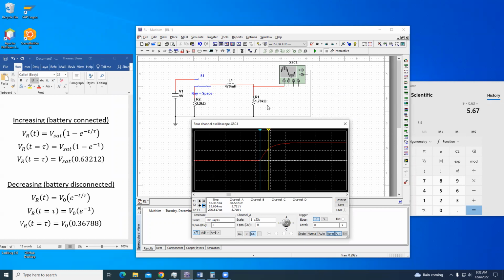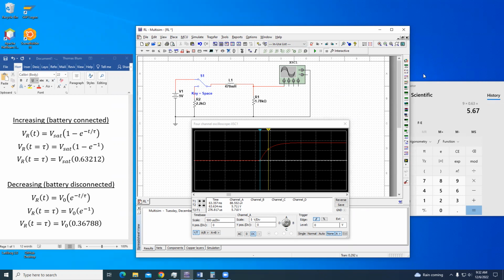Okay, and then what does theory expect? Now I have it off, so I'm not running, but I'm going to flip the switch up. And when the circuit is this way, then the inductor L1 is in the circuit and R1 is in the circuit. R2 is not in the circuit, it's just hanging loose.